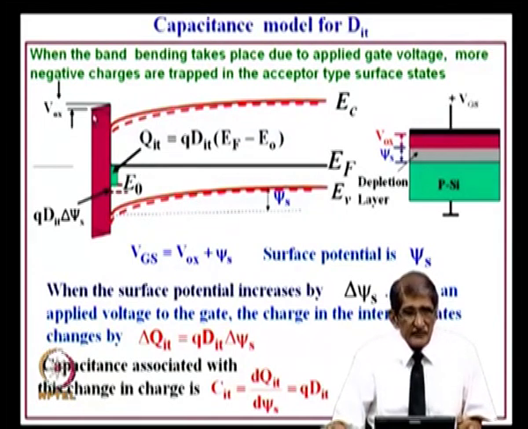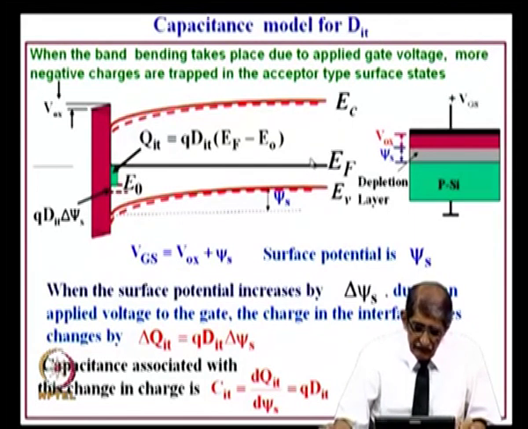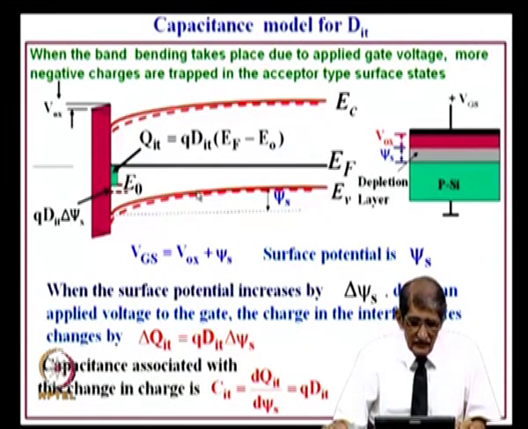Silicon voltage drop changes by delta psi of s. Fermi level does not change, but this band bending gets bent more by an amount equal to delta psi of s, corresponding to the extra drop across the silicon. Conduction band bends down, valence band bends down by additional delta psi of s.